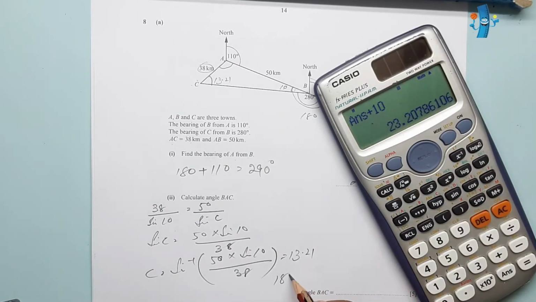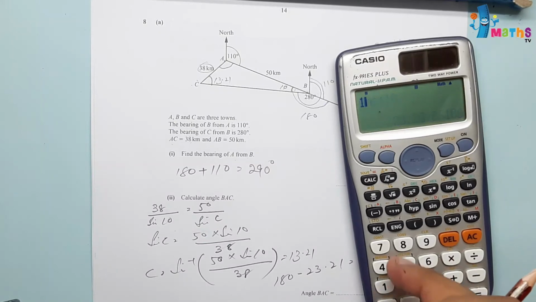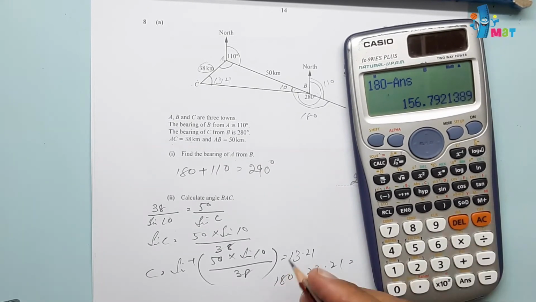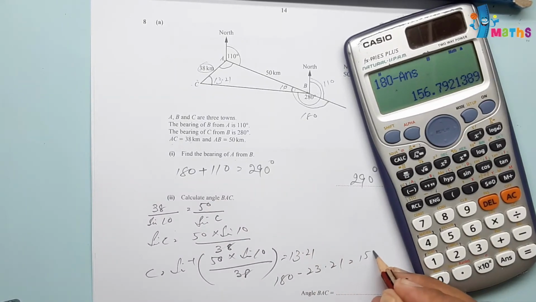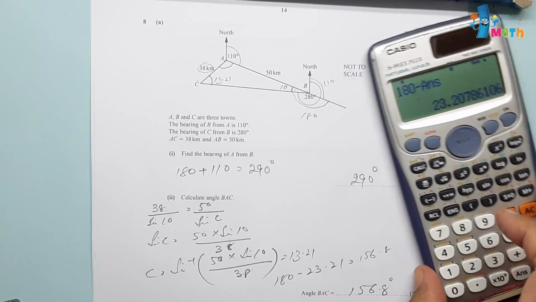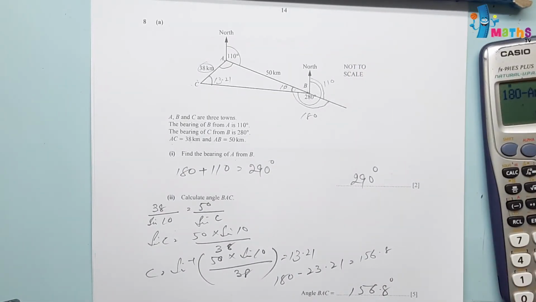So 180 minus 23.21, the answer will be equal to 156.8. So 156.8 degrees.